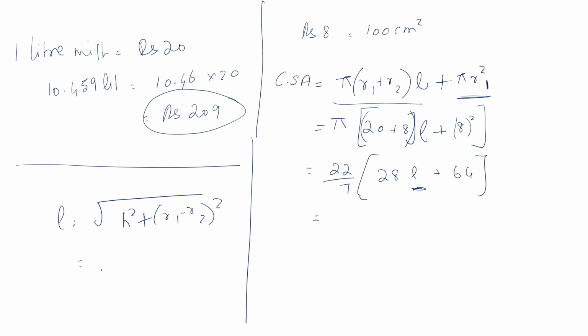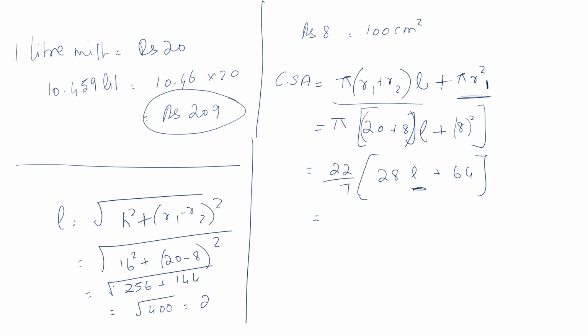So 16 square plus (20 minus 8) whole square, which is equal to 256 plus 144, which is equal to 400, and the square root is 20. So we have found L, and let us substitute it in the place of L. So 22 by 7 here.